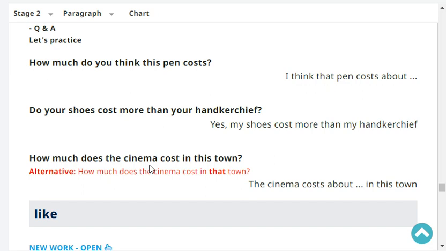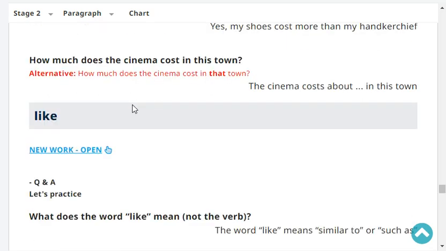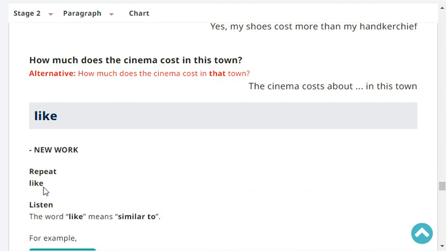Yes, my shoes cost more than my handkerchief. Right. How much does the cinema cost in your town? The cinema costs about $10 in my town. Expensive. Very good.